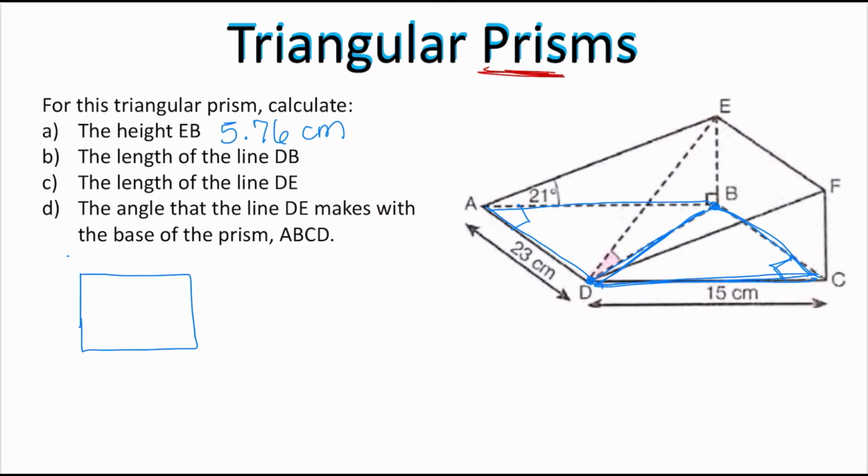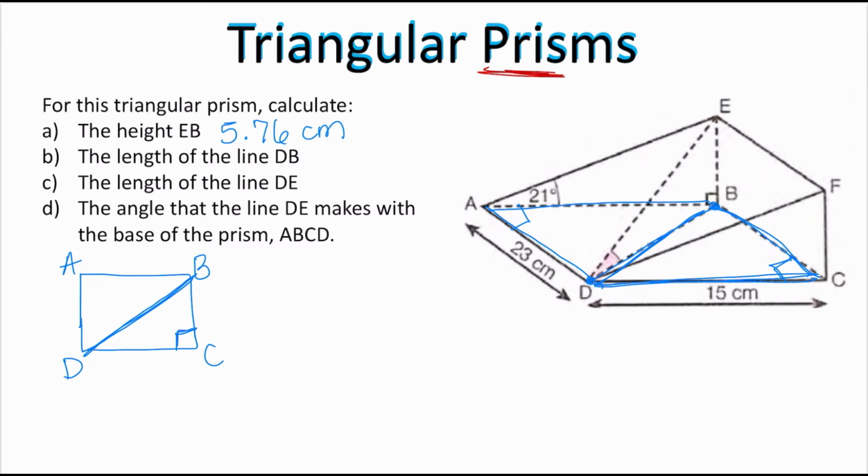In this case, the bottom rectangle is rectangle ABCD, and what we're trying to find is the length of diagonal BD. Because this is a rectangle, I think now it is a lot clearer for you to understand that angle C is a right angle.